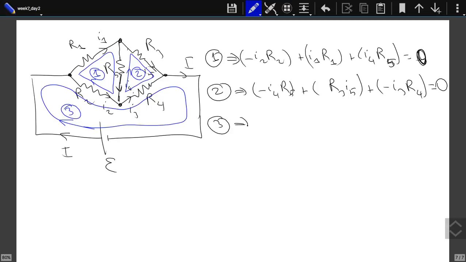So let's see, from this point to this point, what is the potential drop? 0. From this point to this point, the potential drop is I2 times R2. The current is I2, the resistance is R2, and I'm going in the same direction as the current. From this point to this point, I3 times R4.